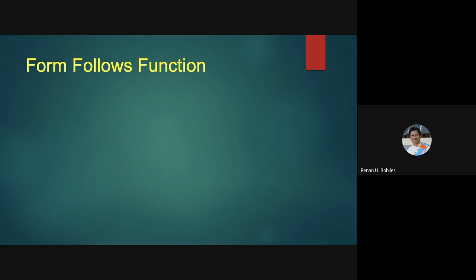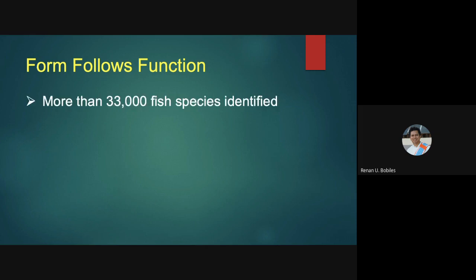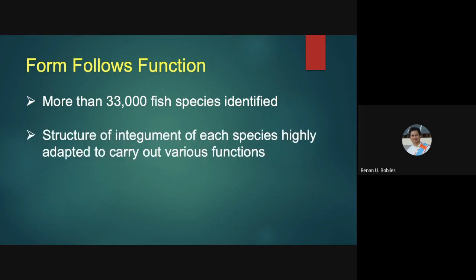The fish's form follows its function. Form follows function. There are more than 33,000 fish species identified, and the structure of the integument of each species is highly adapted to carry out various functions.